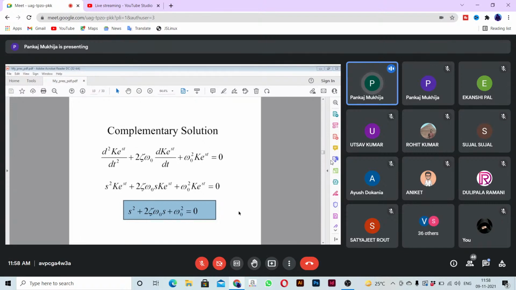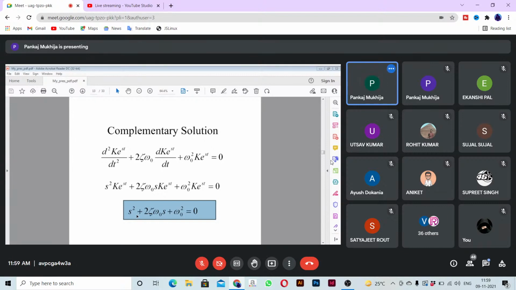So what type of equation is this? What is the order of this equation? This is zero order sir. No, it's not zero order, it's a second order equation. S square, power of s. Sir, I'm not saying it's a second order differential equation. I'm just asking the order of this algebraic equation that you have.